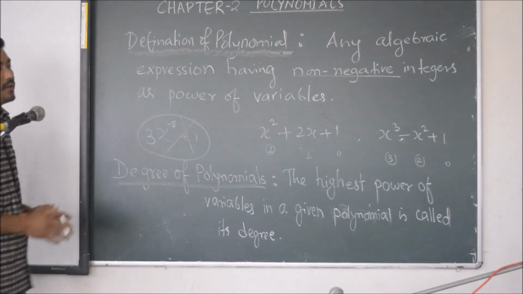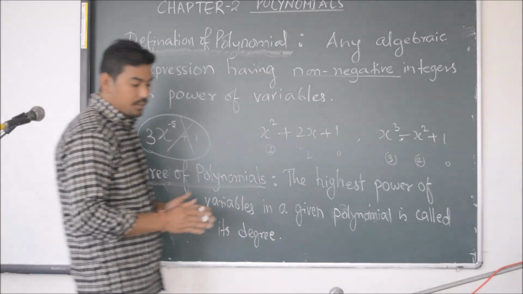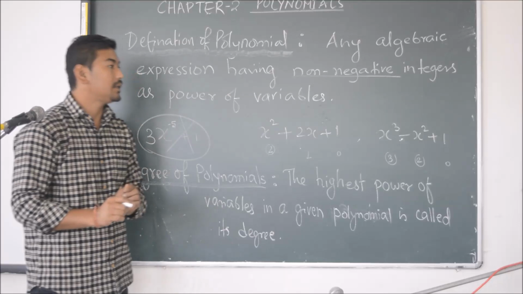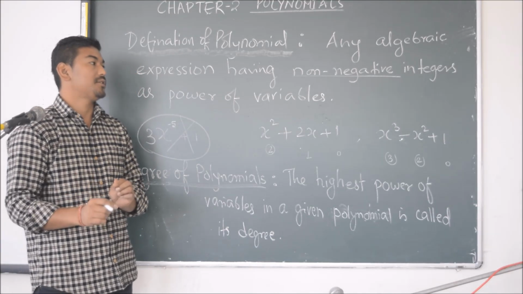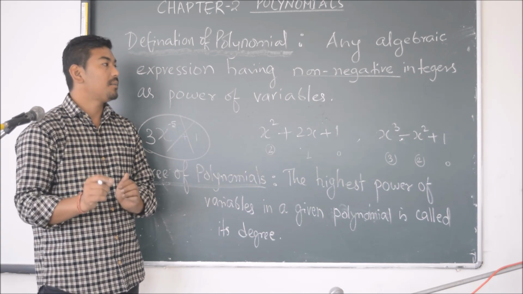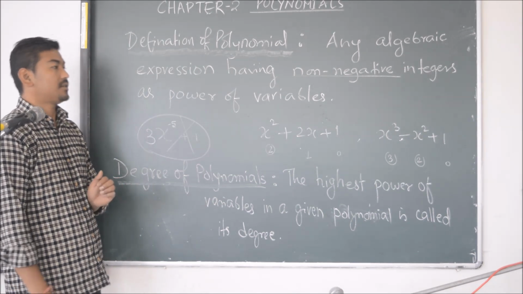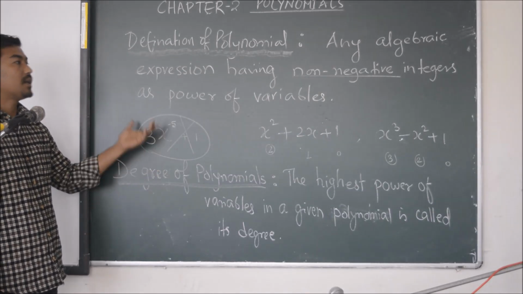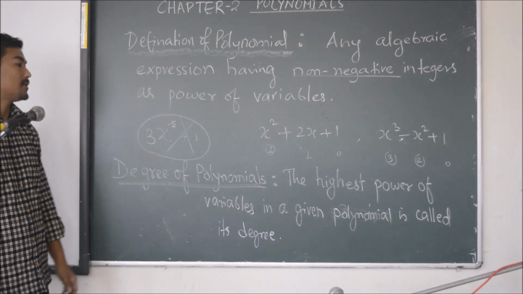So from here what you have understood is that to become a polynomial, the power of the variable should be a non-negative integer. That is, it can be 0, it can be a positive integer, but it is never a negative integer. If it is a negative integer, definitely that algebraic expression is not considered a polynomial.